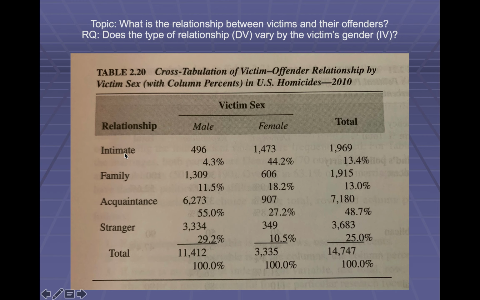The offender, 4.3% of the time, was an intimate partner. In the case of female, when the victim was female, the offender, 44.2% of the time, was an intimate partner. So it kind of gives more information. It's more detailed than just frequency charts.